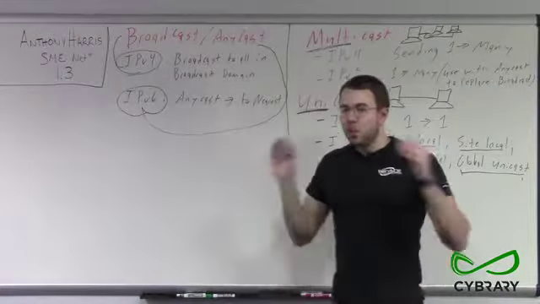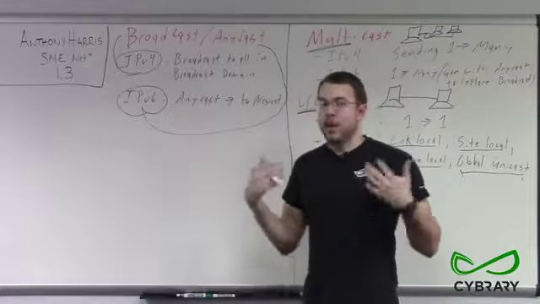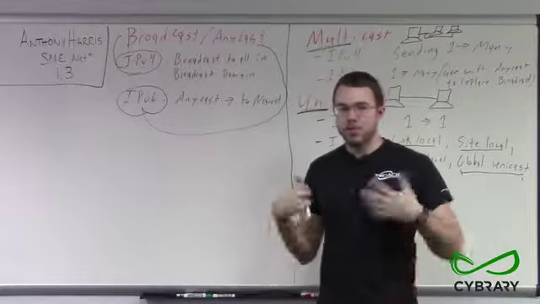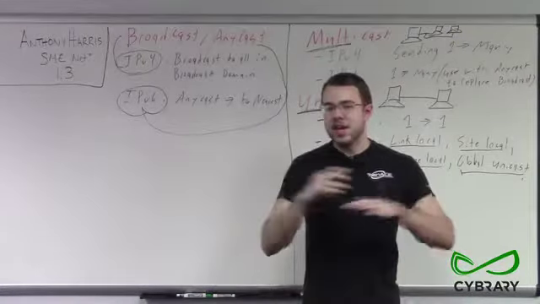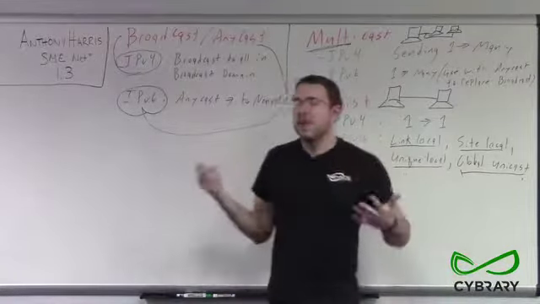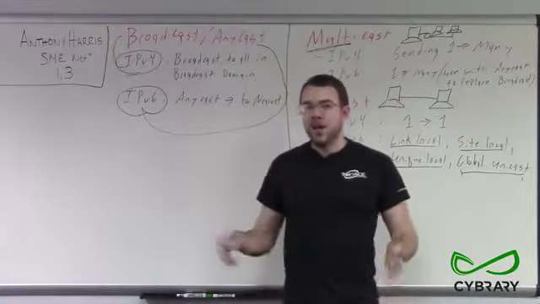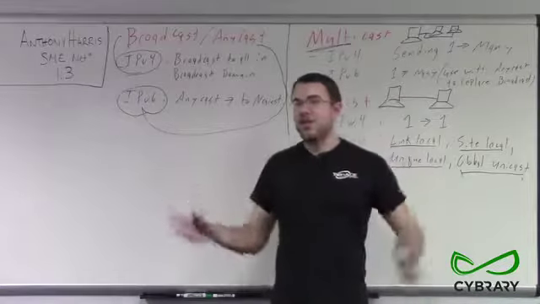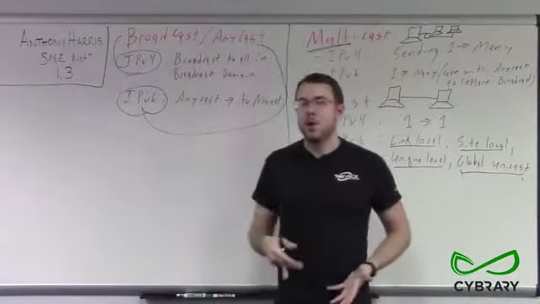Broadcast is going to be one to anybody who will listen and is in my same broadcast domain. So what's a broadcast domain? Well, a broadcast domain is essentially any computer that you could hypothetically reach by just talking with their MAC address. So you are reaching these computers that are inside of your network.